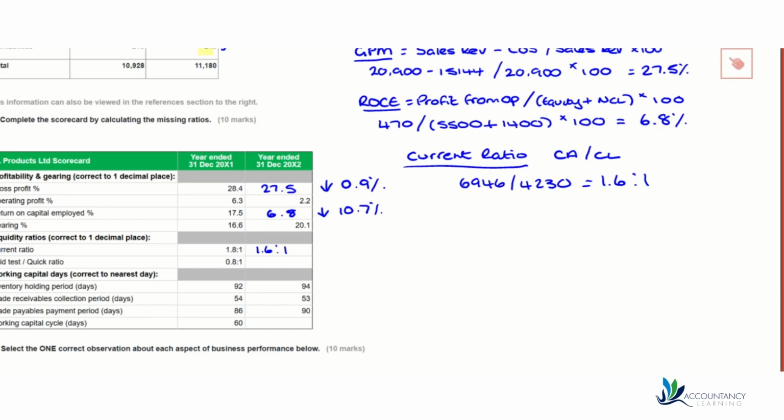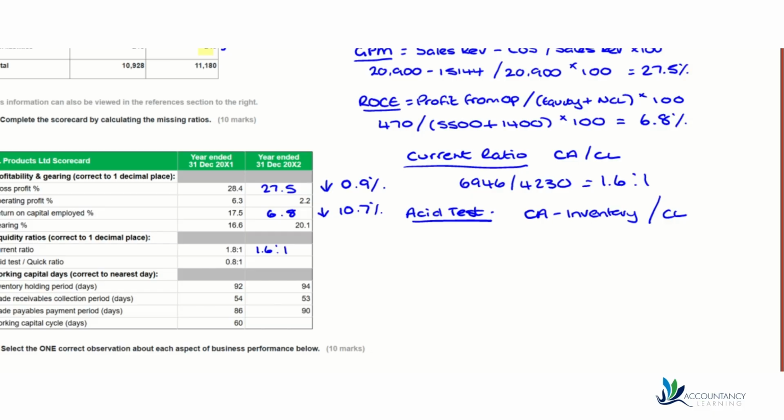The next one is the quick ratio or the acid test. And this is another liquidity ratio that provides a more stringent measure of the company's ability to meet its short-term obligations with its most liquid assets, excluding inventory. And the formula for this is current assets minus the inventory over current liabilities.